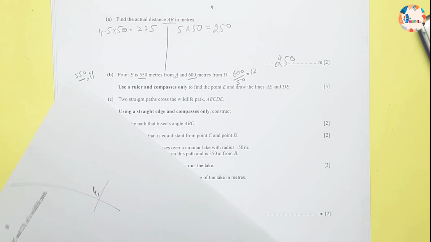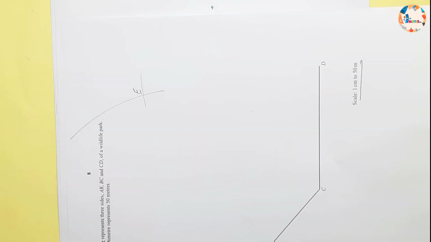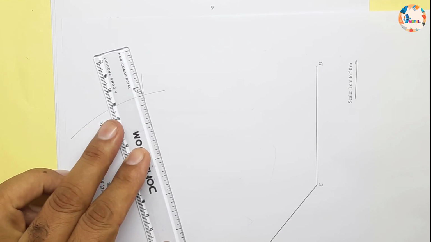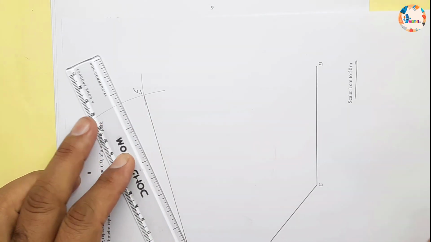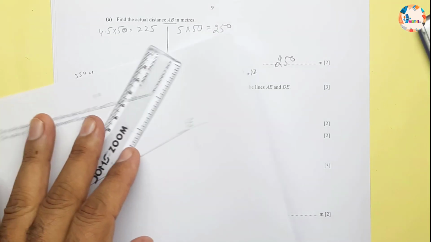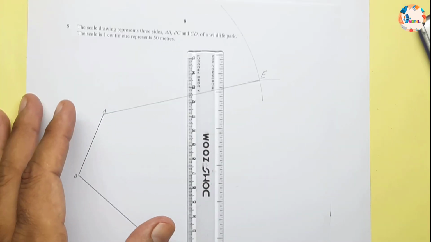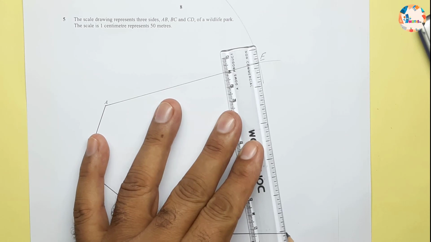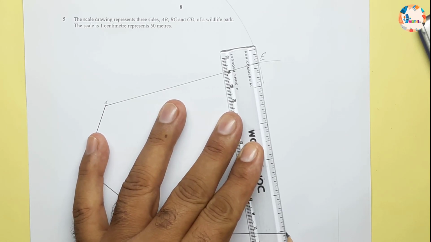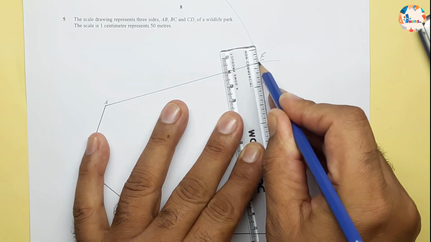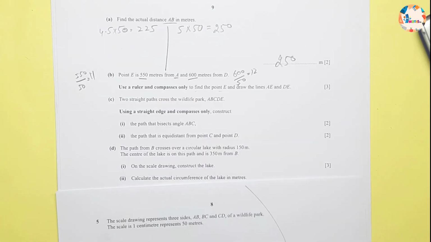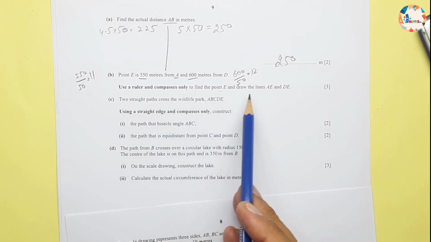So we'll have to draw these two lines, AE and DE, from D to E over here. Good. Now this is done.